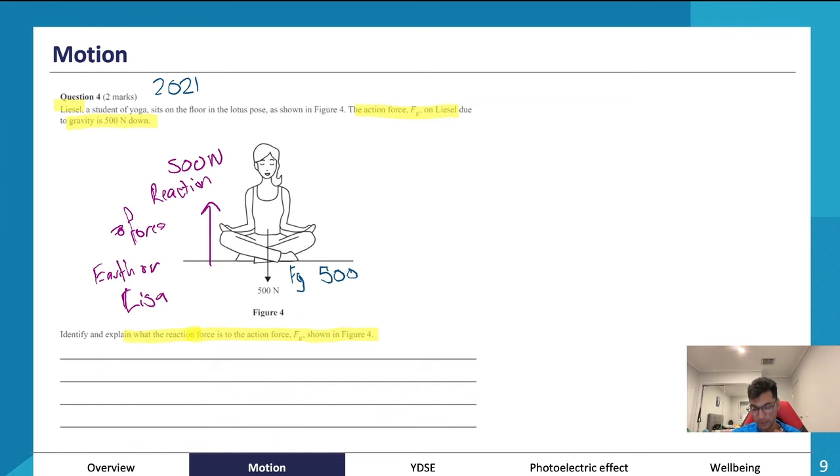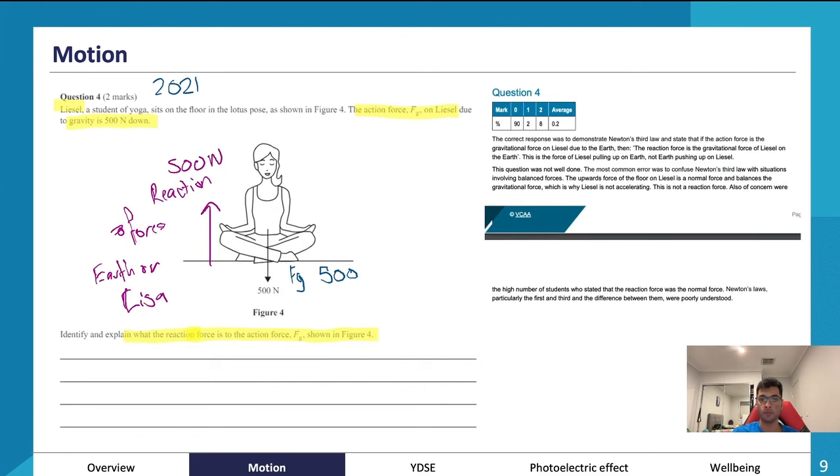Unfortunately, that is what about 92% of students wrote, and all of those 92% of students got that question completely wrong.